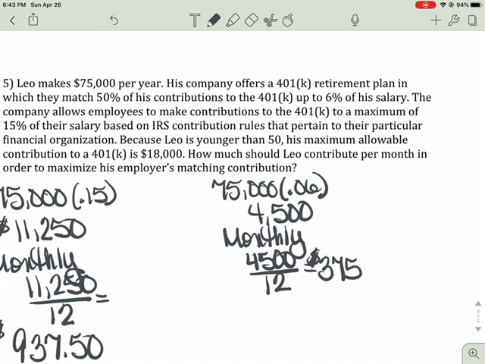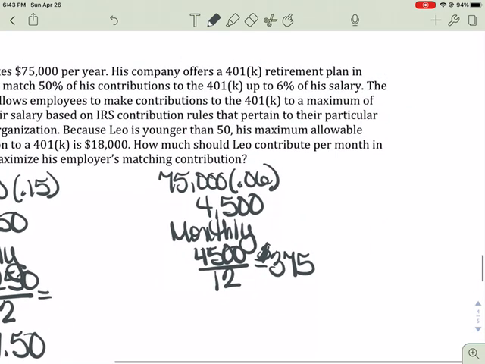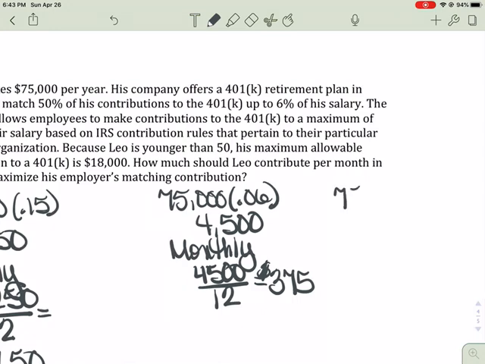Now, the company is going to match 50% of his contributions up to 6% of his salary. So 50% of the 6% of his salary, basically we're just going to take his salary and times it by 50% of 0.06. So we're going to do 75,000 times 0.03.